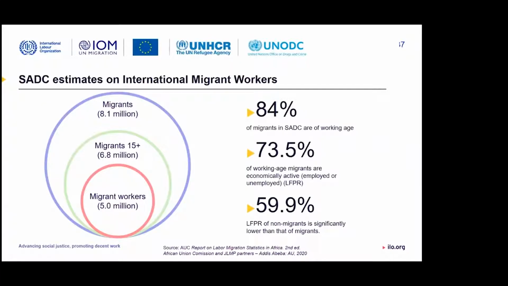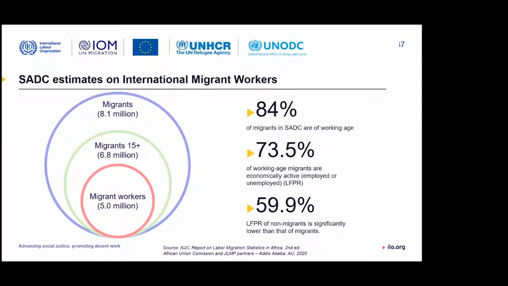Now, if we look specifically at the SADC profile that this report produced, you see relatively similar trends to the global estimates report. You see that 84% of migrants in the SADC region are of working age, slightly more than in sub-Saharan Africa.